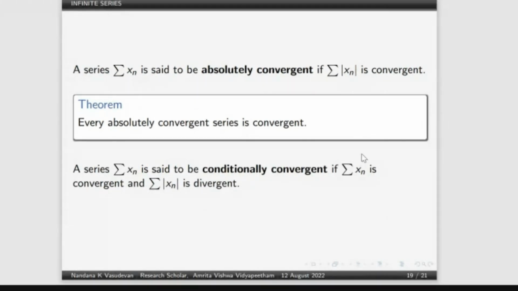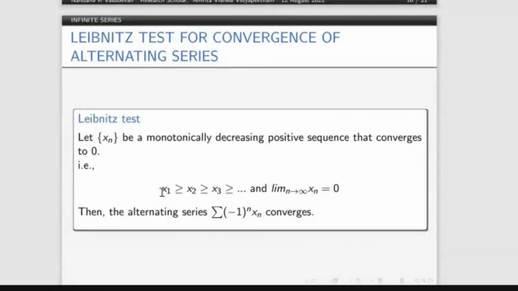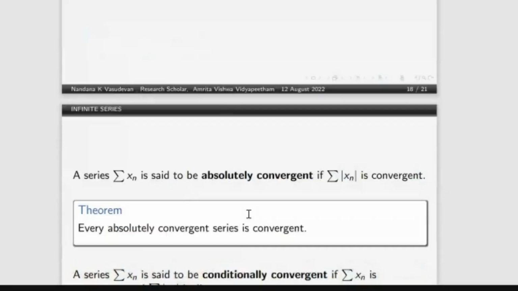But if we are checking the series as such, we'll go to the Leibniz test. 1 by n is a decreasing sequence, and at the same time, its limit value is 0, which means that my series of minus 1 power n by n is convergent. That is, my modulus series is not converging, but the actual series is converging. That is what is called conditional convergence.